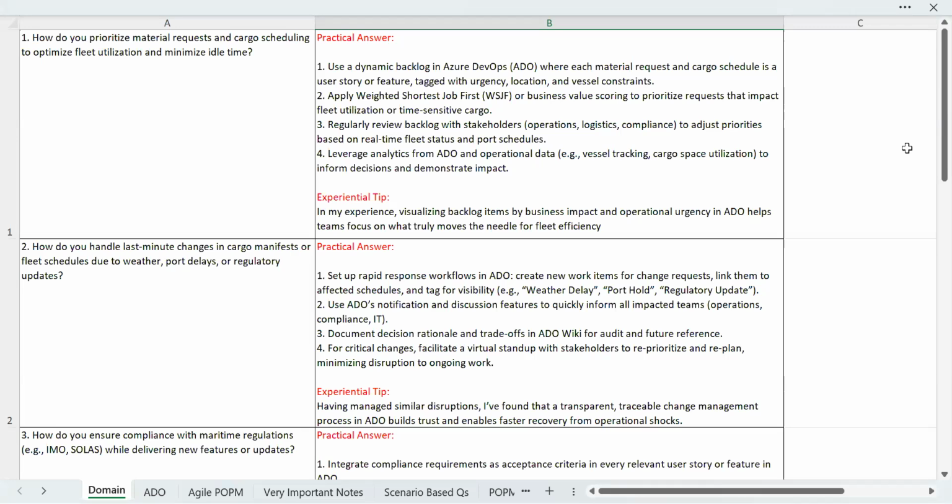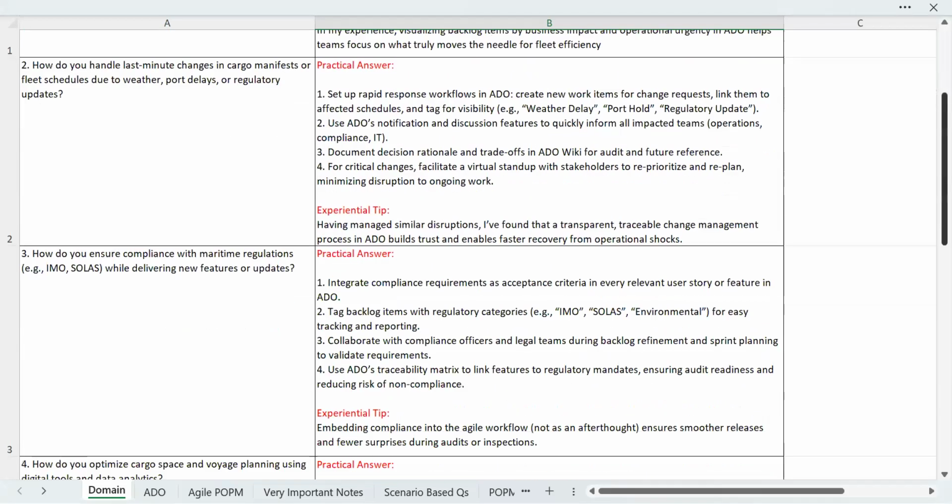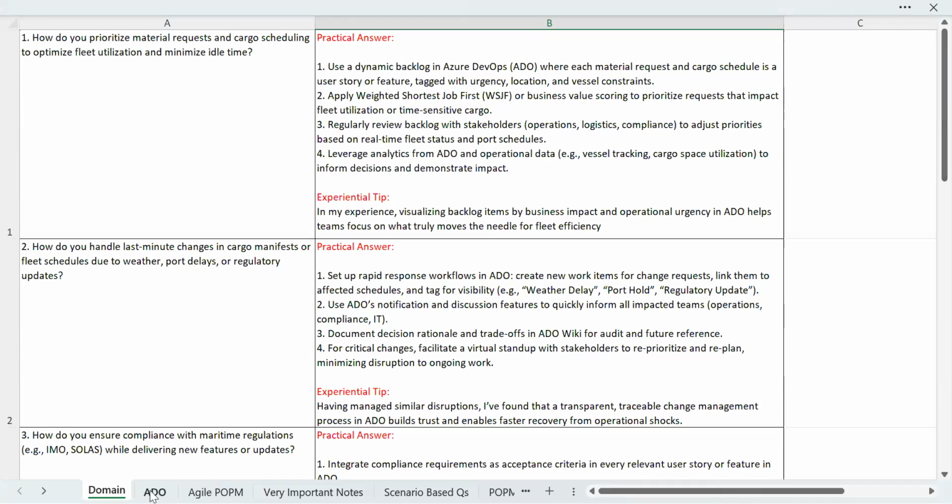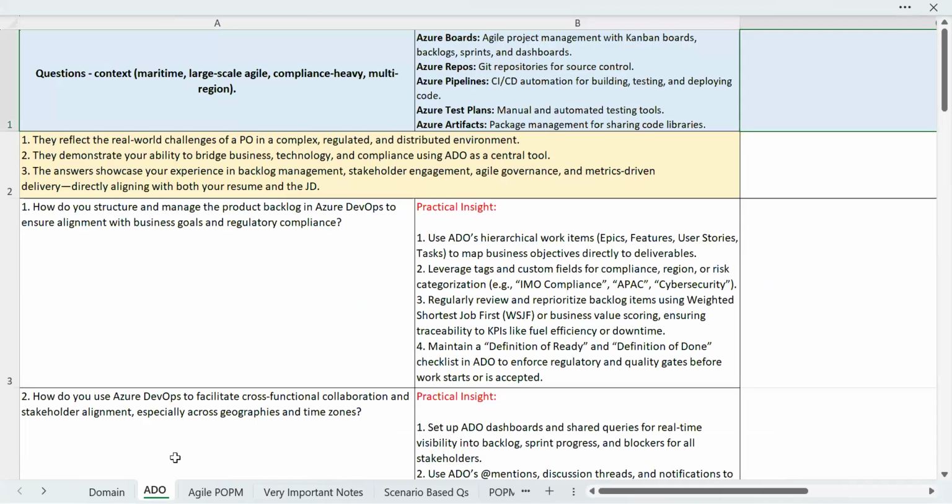I have created multiple tabs in this Excel sheet. One is on the domain, second is on the tool being used. It could be Jira, or Rally or CA Agile Central, or ADO, depending upon the context of the client. In this example, I have taken ADO as the tool.